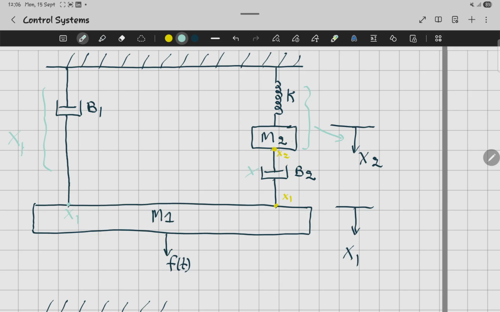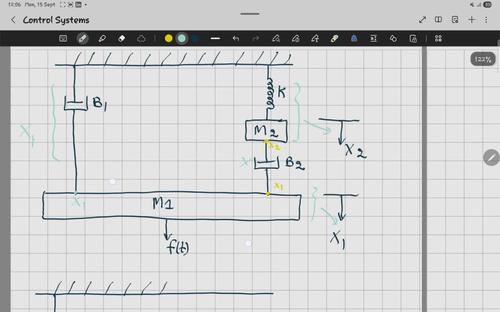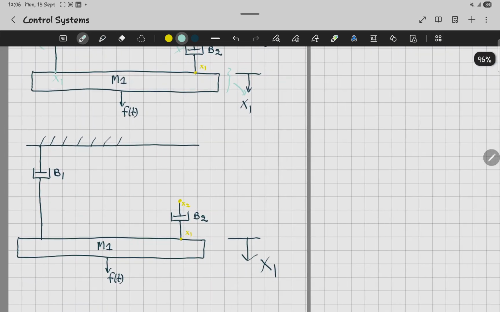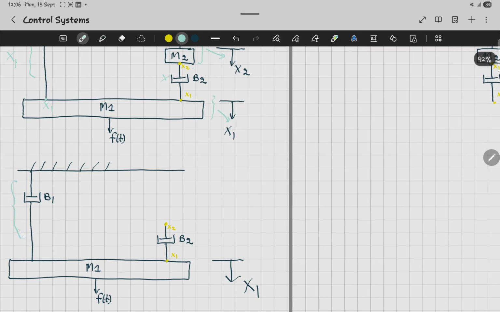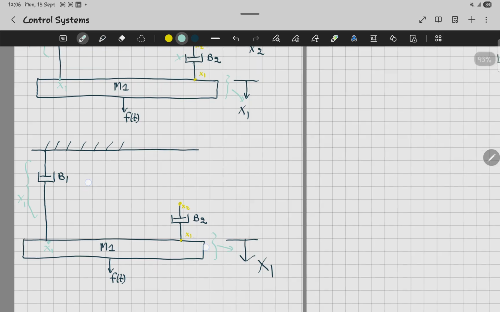Except for this side, because this one is also based on x1. This one is going to be based on x1 because mass 1 is x1 and this b1 is not connected to mass 2. So all of this here is going to be x1, even that side.